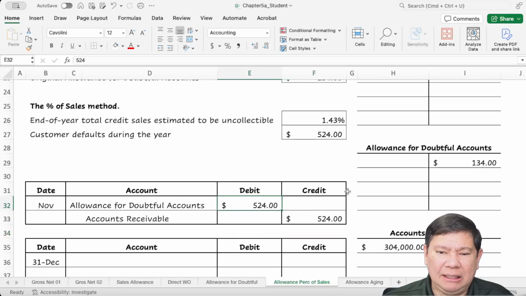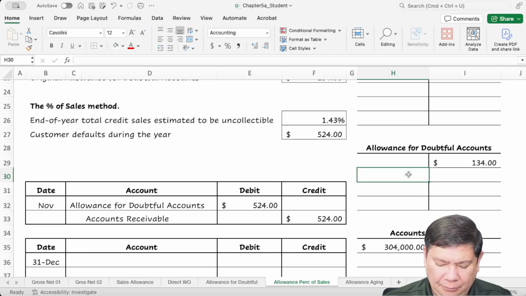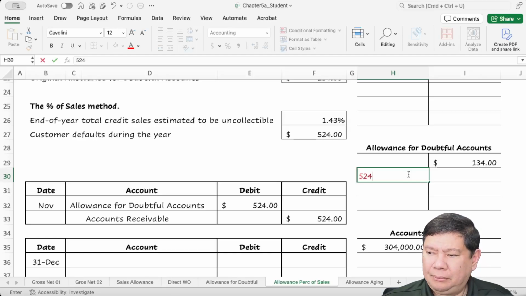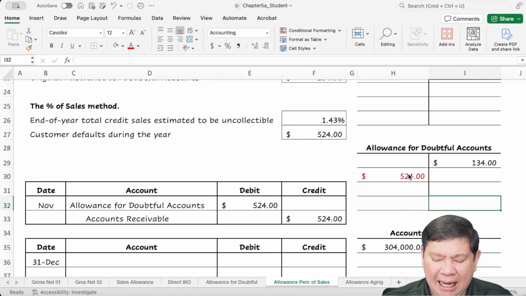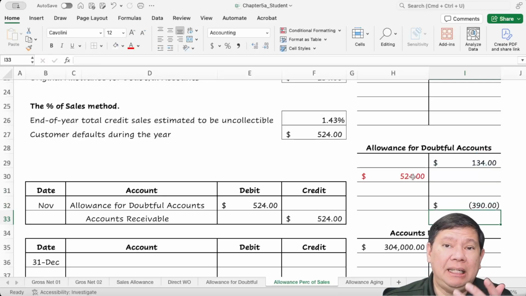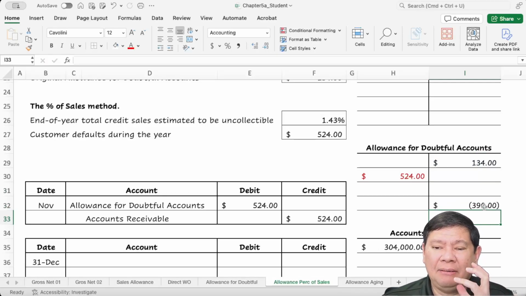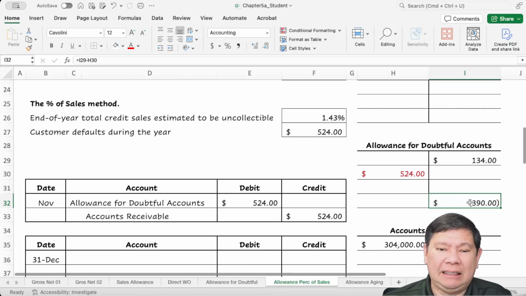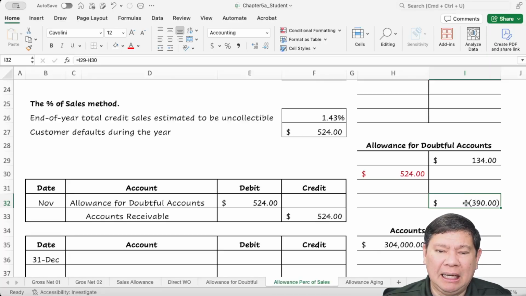So this allowance debit results in a negative allowance. So that means we didn't have enough allowance. But with the percentage of credit sales, we don't have to worry about the ending balance of the allowance.